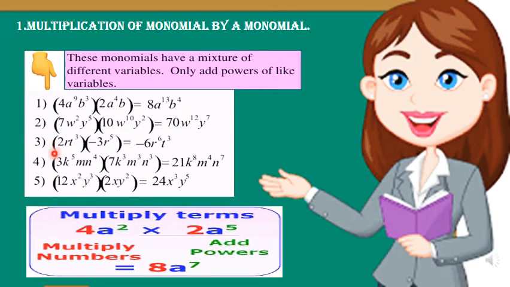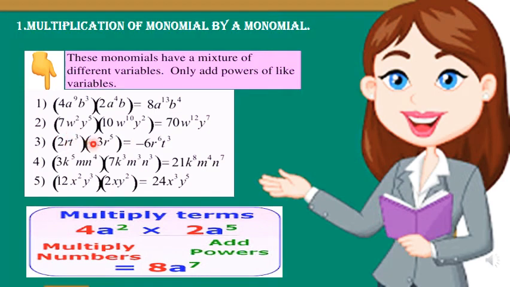Third one, 2r t cube multiplied with minus 3r power 5. Here the sign of the coefficient 2 is plus, and here the numerical coefficient of r power 5 is minus 3. So 2 into minus 3 is minus 6. Then r power 1, there is no power, that means it is 1.